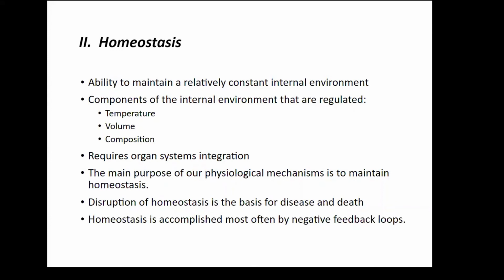We're also going to be carefully regulating the volume of fluid. Our internal environment really is our extracellular fluid. So we want to make sure that we maintain enough water surrounding our cells that they're able to communicate with the outside of the cell. We're also going to be regulating composition.